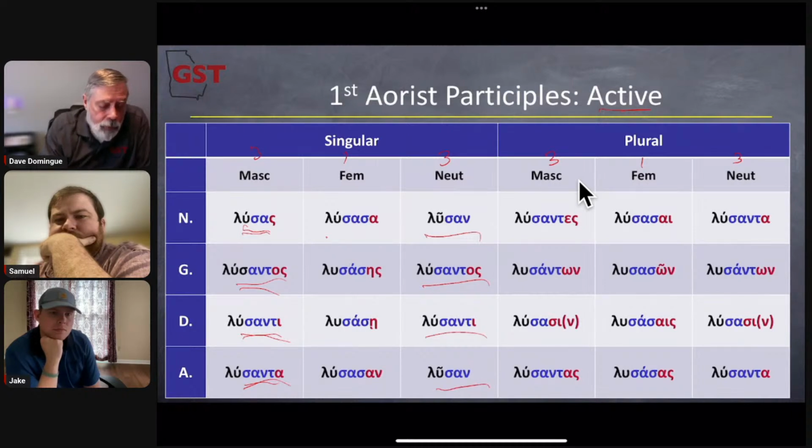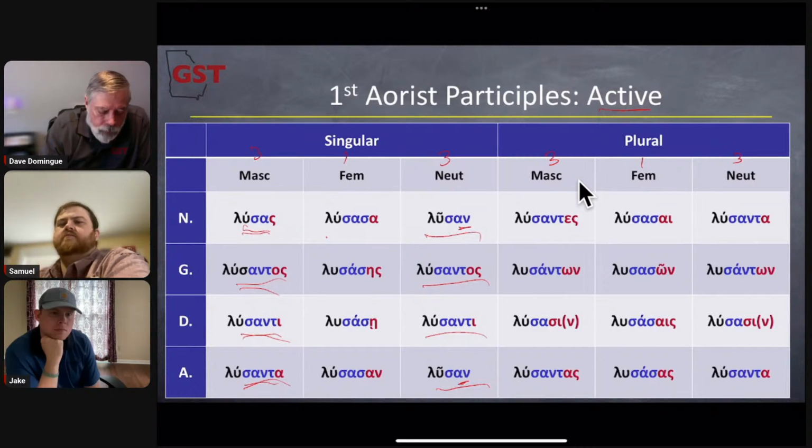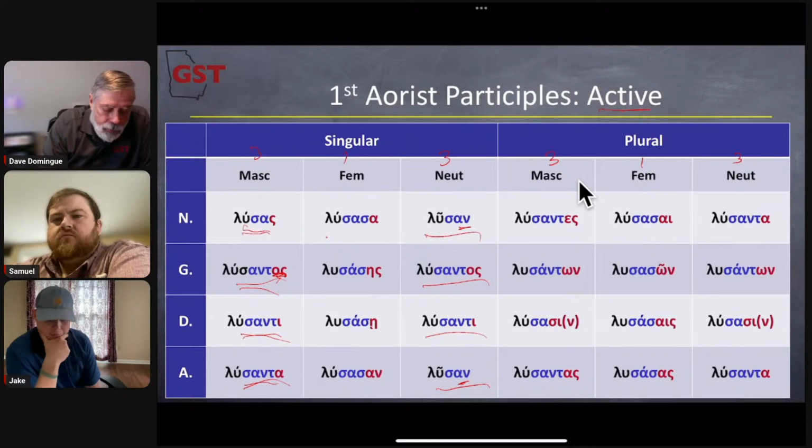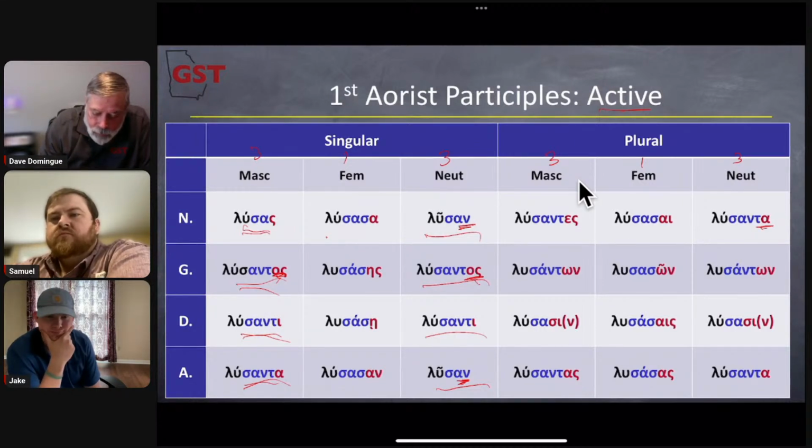These follow the same rules that we had in nouns, because we're doing case endings here. This is going to be the same as this. This is going to be the same as this. Same noun rules we had before.